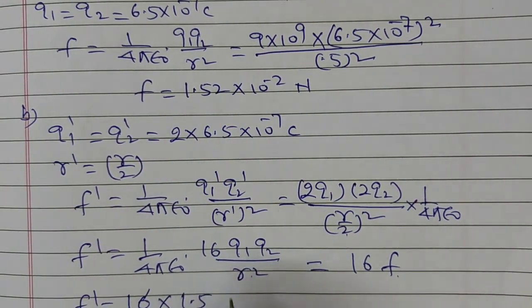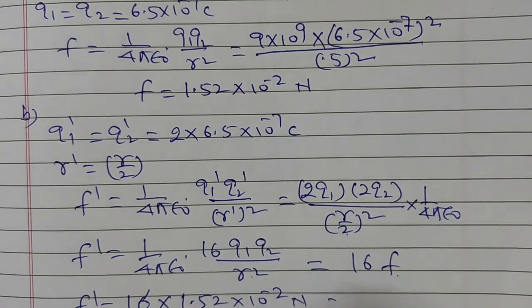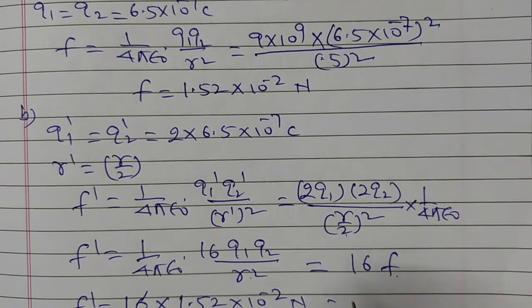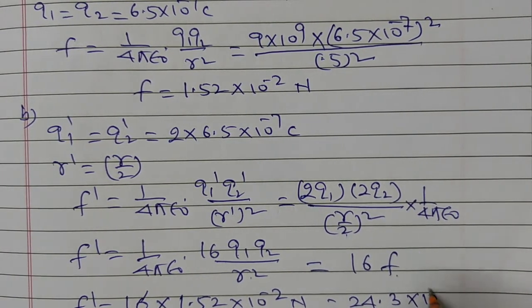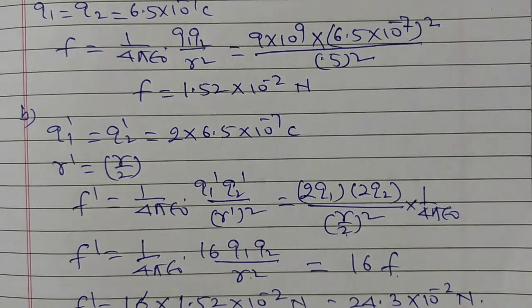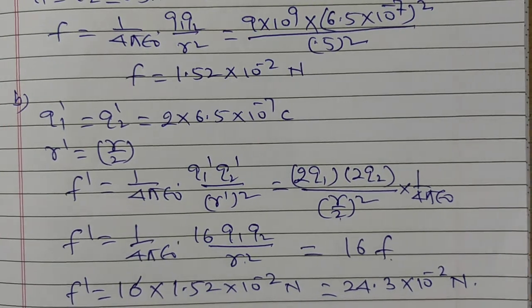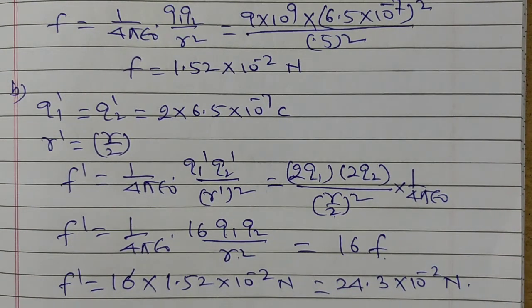This is 1.52 × 10⁻² Newton. मल्टीप्लाई करने पर ये आता है, this is 24.3 × 10⁻² Newton. So this is the force, electrostatic repulsive force when charge becomes double and the separation between two spheres becomes half.